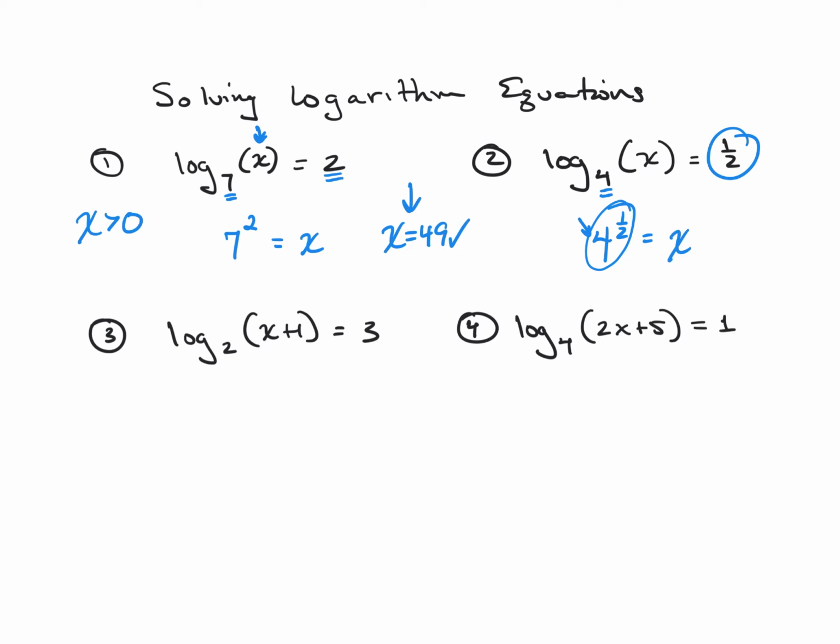So x is equal to 2. That's my final answer, so long as it follows my rule that x is greater than 0. Because x is greater than 0, that works as well.